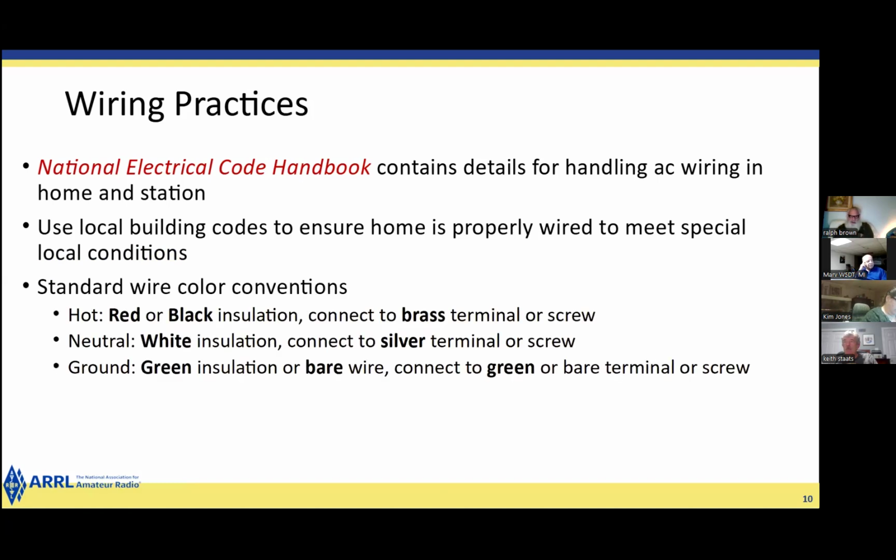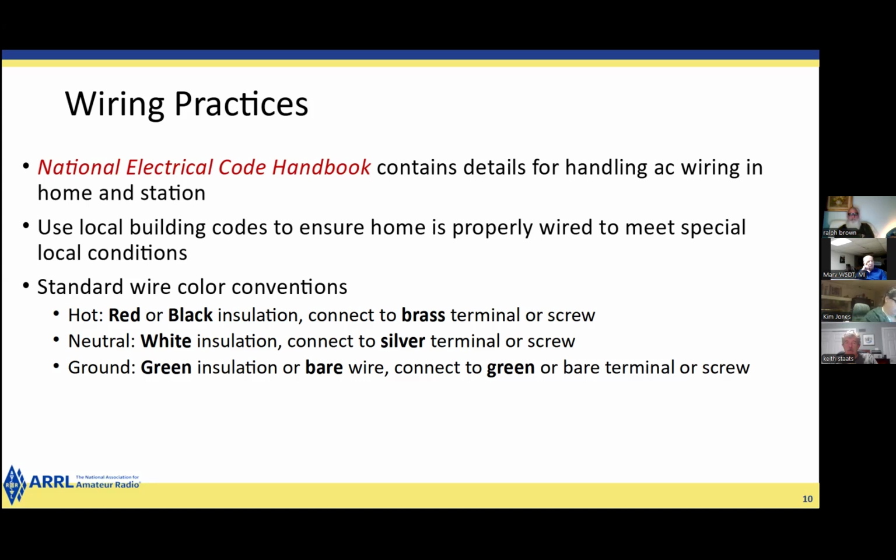But there are standard wiring conventions. Your hot leads, red or black, connect to the brass terminals. Your neutral, which is the white insulation, goes to the silver terminal or screw.